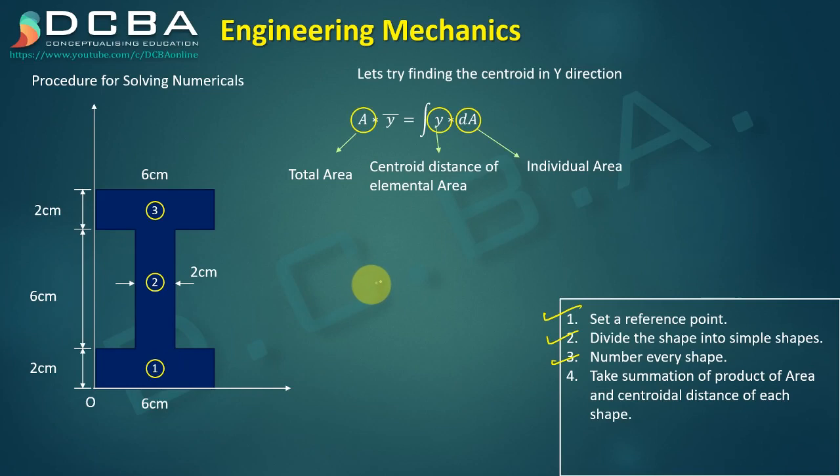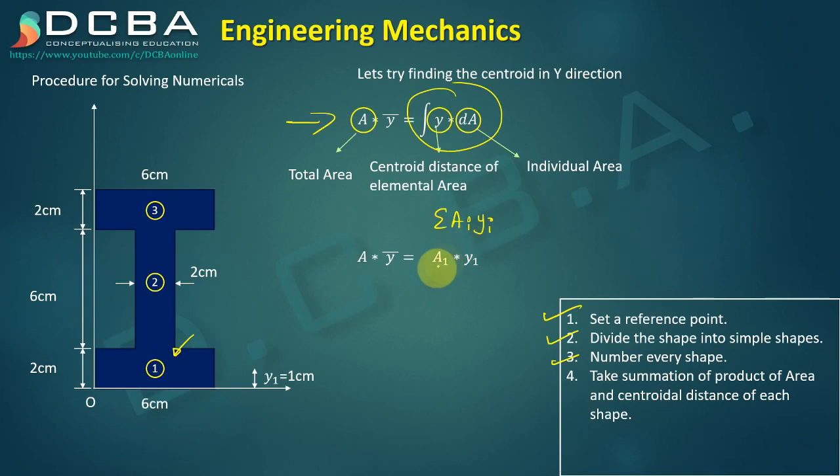Coming to this formula now, let us simplify it. A into y bar is equal to, as I told you, this integration can be written as summation of ai yi, where i denotes the number of the shape. For the first shape, it will be a1 into y1.